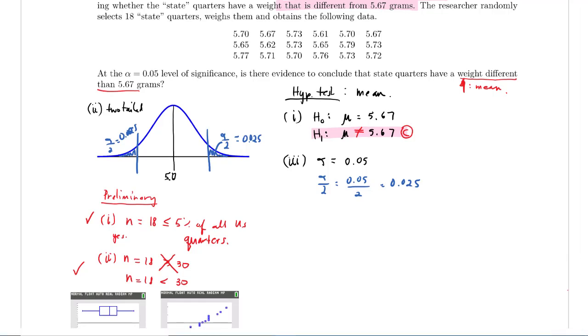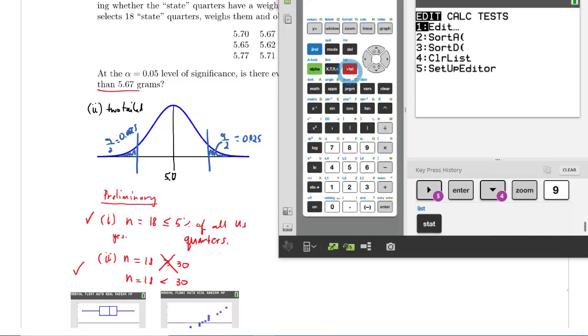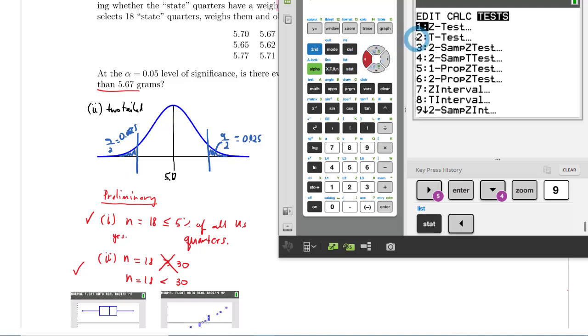Okay, and so now we have it. So let's go to step 4, which is the p-value approach, right? And then we'll go ahead and go into the calculator. Now recall we're doing a mean, so we have to do a t-test. And we go to our calculator, hit stat, go to test, and t-test is number 2.